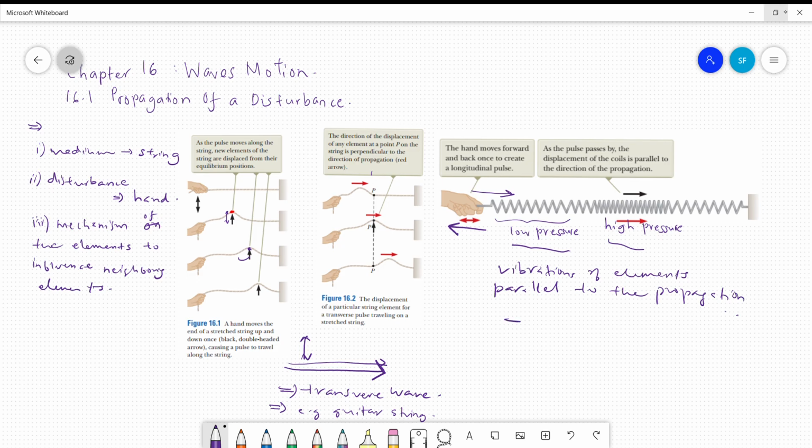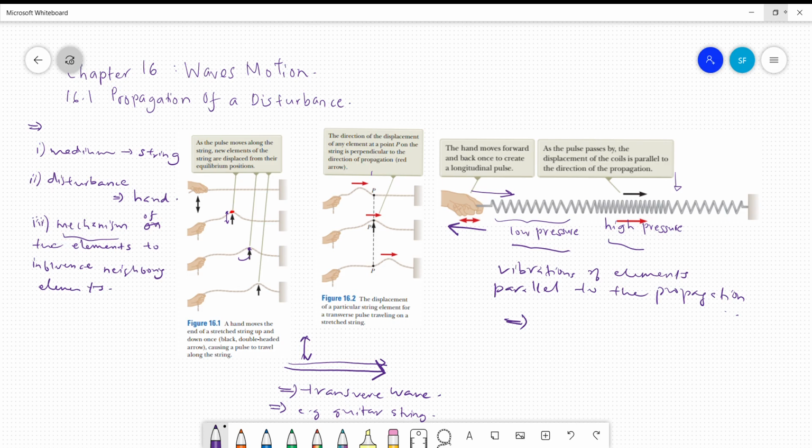Remember we have the third requirement here: mechanism of the elements to influence neighboring elements. The word mechanism here means either perpendicular or parallel. So in this diagram, the mechanism is that the elements will transfer energy in parallel to the other neighboring elements.